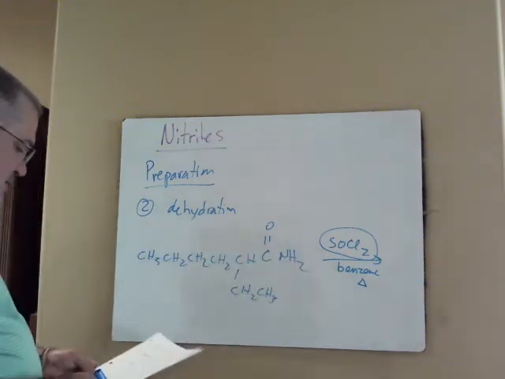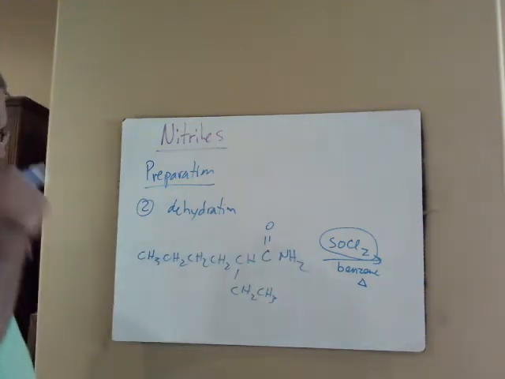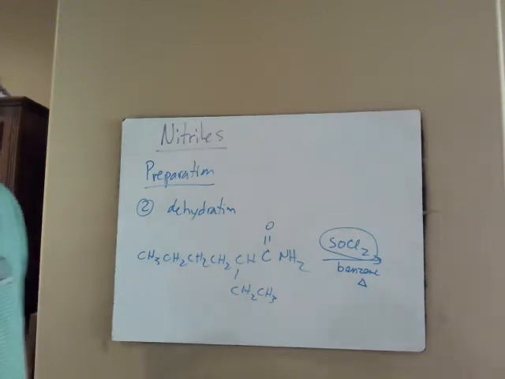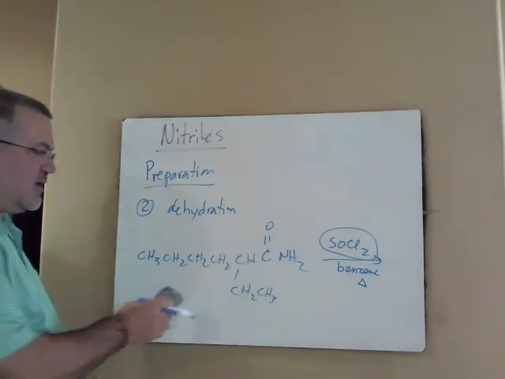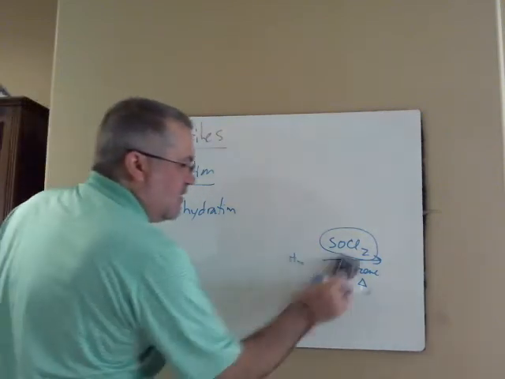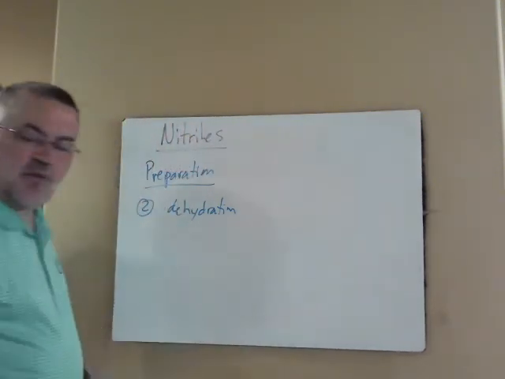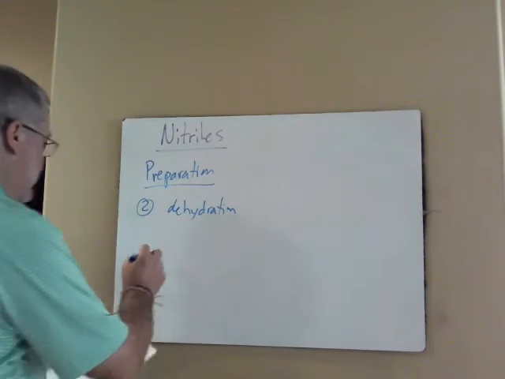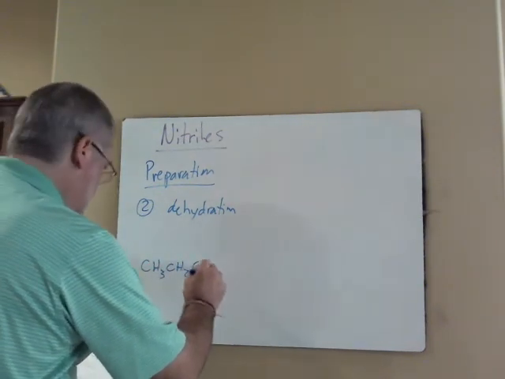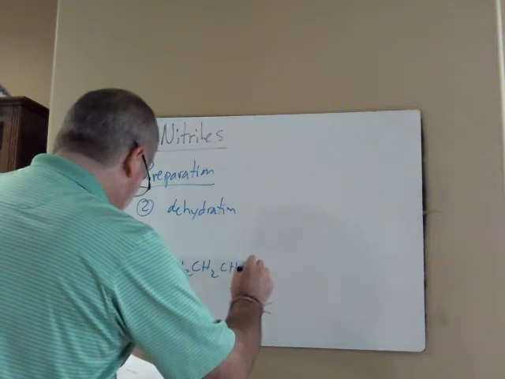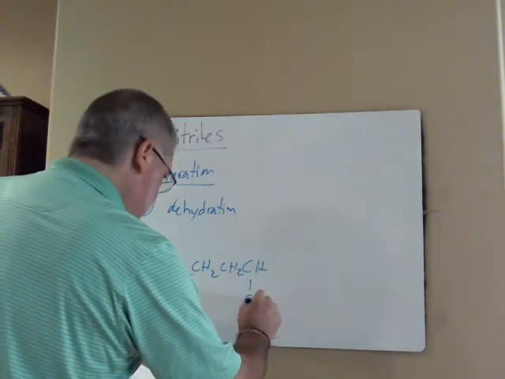And the product of that is the formation of the nitrile. Now, because of the size of the board and the magic of the digital process, I can erase this because I know you can look back and see this. But what is the product of this? Make sure I get the number of carbons correct.